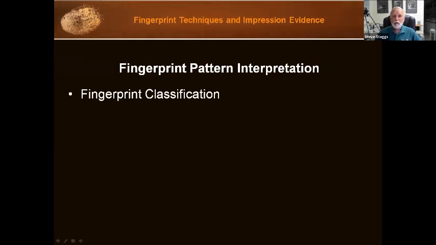The Henry system is named for Sir Edward Richard Henry, and he came up with this system in 1901. He simplified classification systems developed by others and made his system applicable to law enforcement work. And it has stood the test of time until we started going full automation.